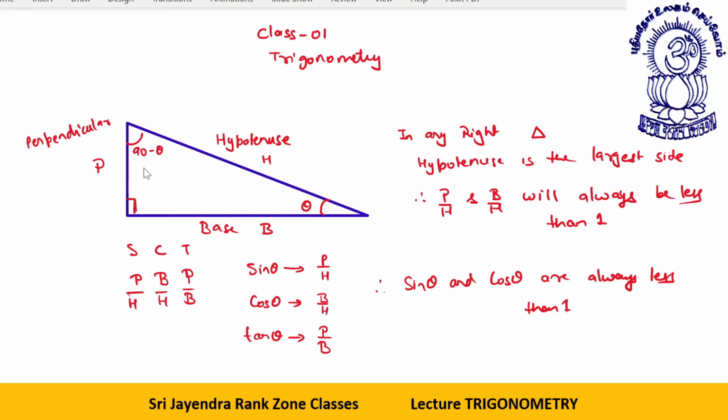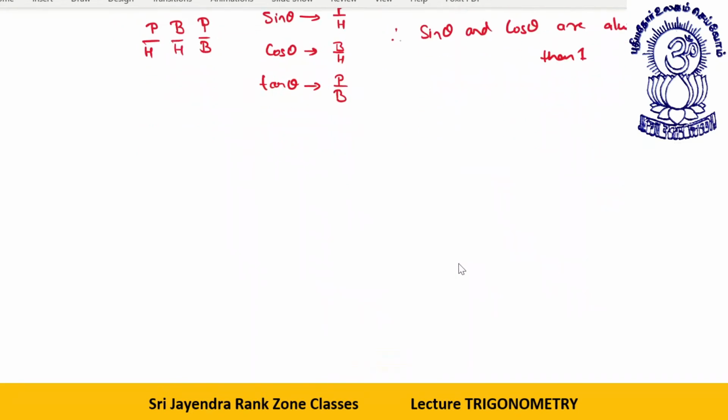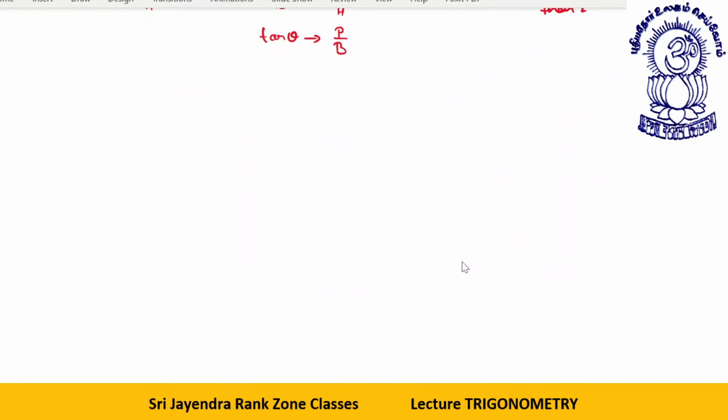Now, two angles are complementary, I'm writing the CO in capital, complementary, if their sum is 90 degrees.